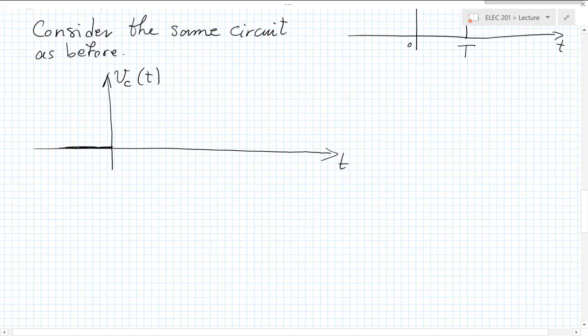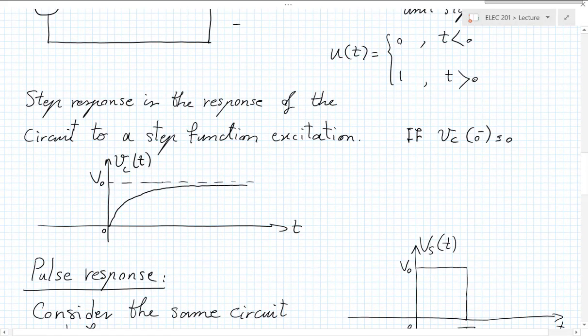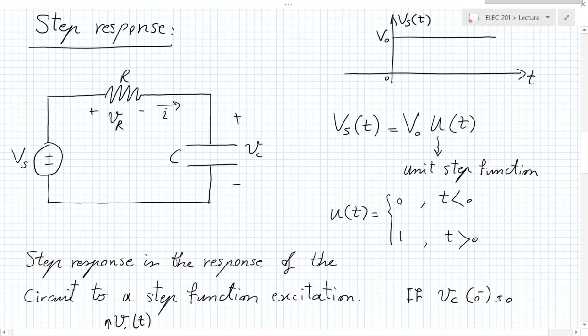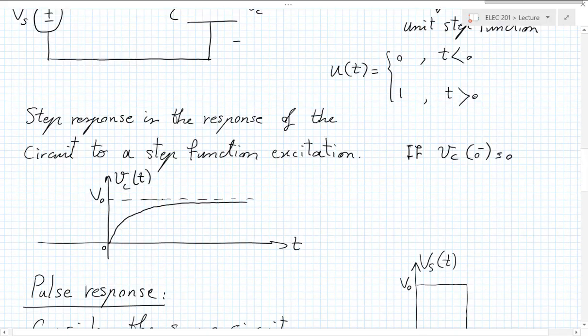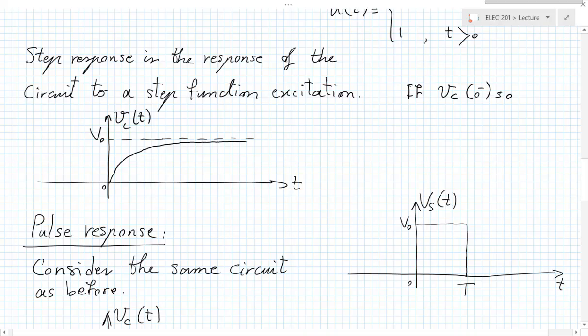Again, imagine this having been uncharged up until the action starts. Now we know that if we had the step function, the voltage jumping to V0 and staying there, we just discussed the answer for that case. It would be this Vc shown right here in the middle.